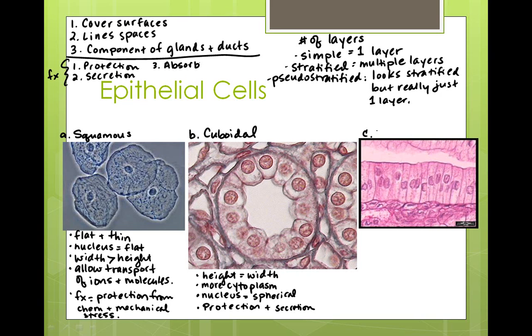Picture C here, these are columnar epithelial cells. And as you can see here, they have a long rectangular shape. So their height is greater than their width. And the nucleus is usually spherical, or it could even be oblong in shape.